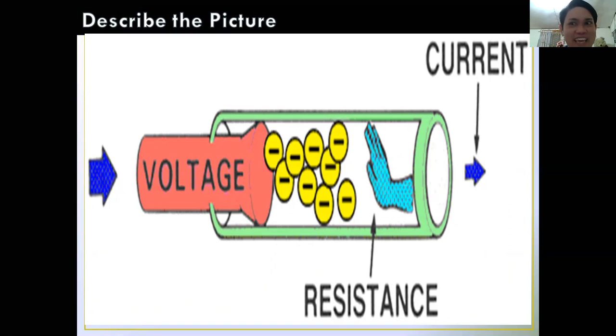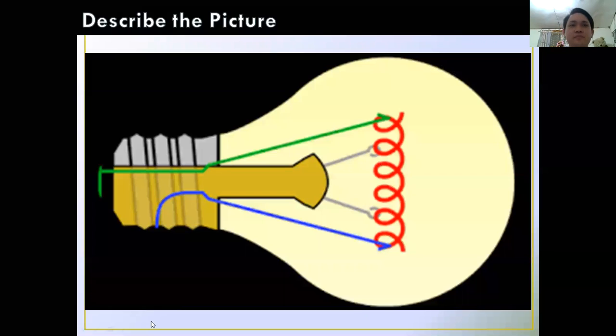So again, it is related to electrical resistance. Take down note of what you have observed. And lastly, this picture shows a lamp. In a lamp, there is also an electrical resistance to control the flow of electric current. That is what the picture is meant to show.